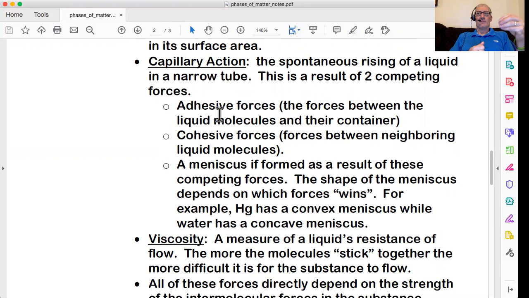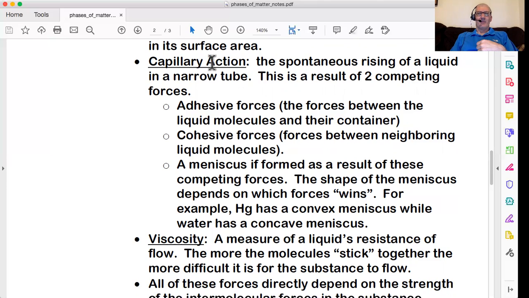And if you're not having to move very much water, which would be the case in a very small, narrow tube, those adhesive forces are actually stronger than what we call the cohesive forces. Now, cohesive forces were basically demonstrated in that little demonstration I showed you with the water on the penny. Cohesion, if you have a cohesive group, they are bound to one another. They're tightly knit. And so if you have cohesion, you have water molecules holding on to their neighboring water molecules. All right. And so that's an example of cohesion.